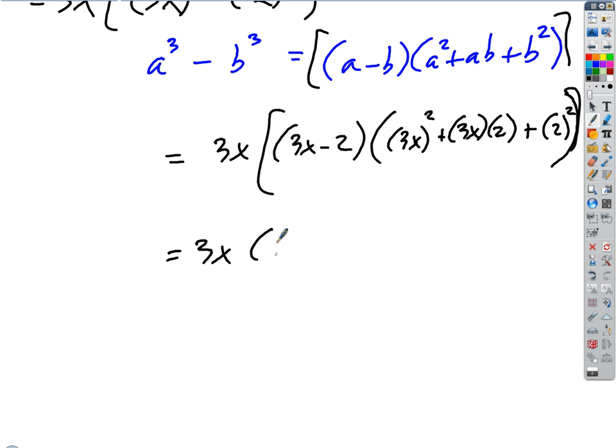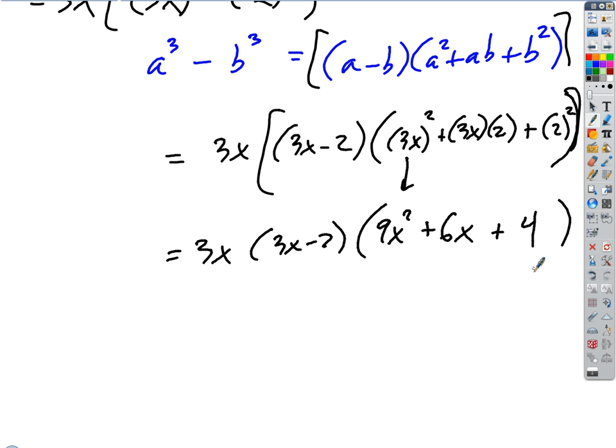So we've got our 3x times our 3x minus 2, and what does this whole thing simplify to? What is the quantity 3x squared, because that's our a squared? Okay, so we get a 9x squared plus 6x, good, plus 4, okay, and that's it.